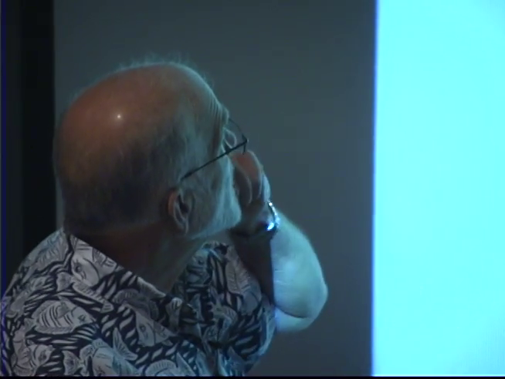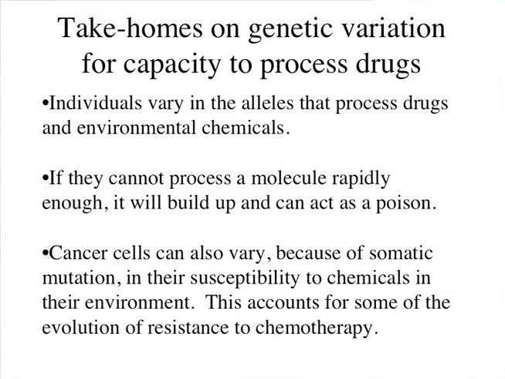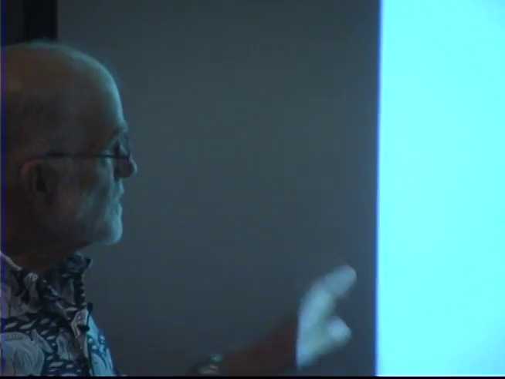So the take home here is that individuals vary in the genes, the gene products that process drugs. If they can't process it rapidly enough, it'll build up and can act as a poison. Cancer cells can also vary. Cancer clones can vary. Mutations can occur in cytochrome P450s and in N-acetyltransferases in cancer clones. And they therefore also vary in susceptibility to chemicals in the environment and to the drugs used in chemotherapy.